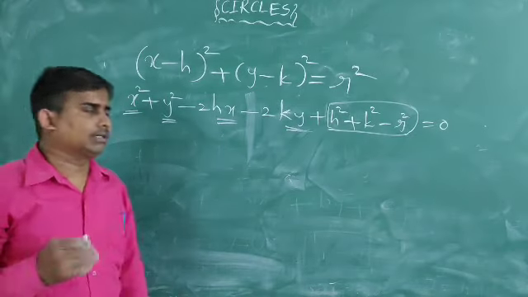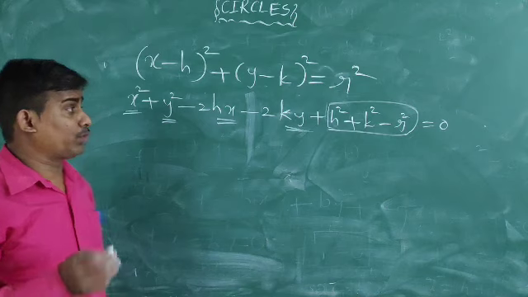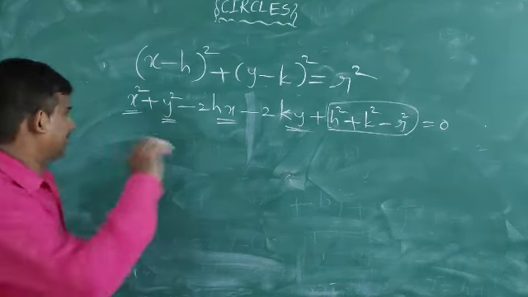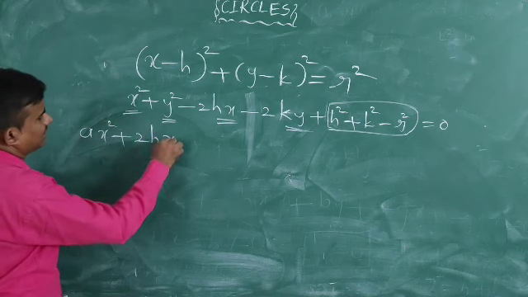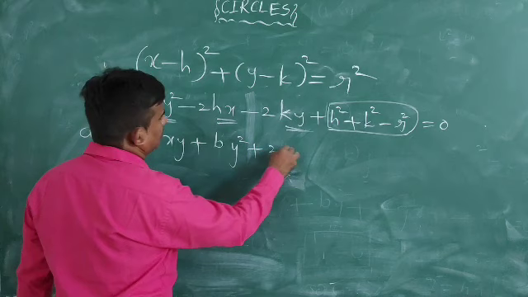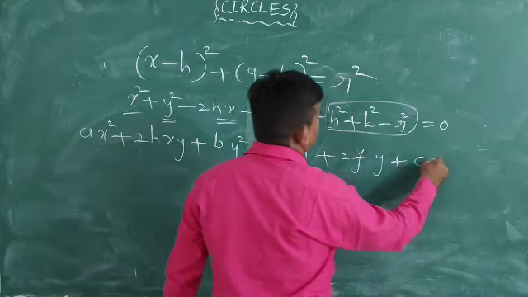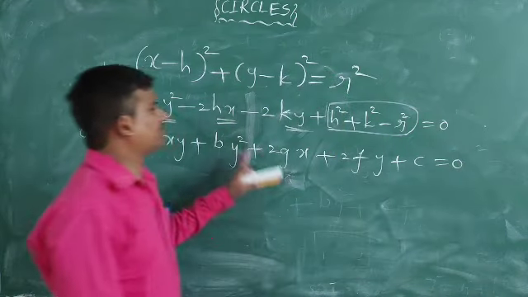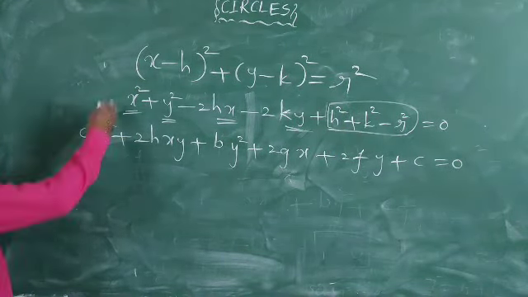We know the general form, not the standard form, of a quadratic equation in x and y, that is ax² + 2hxy + by² + 2gx + 2fy + c = 0. We may compare both.